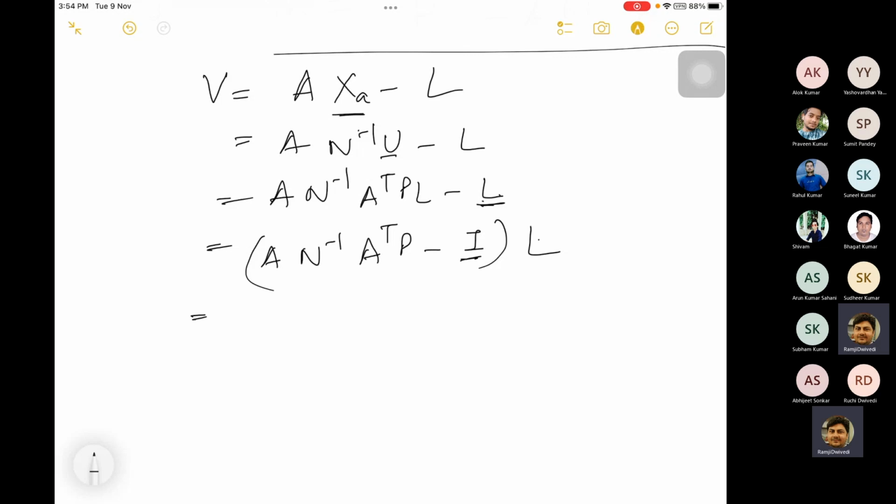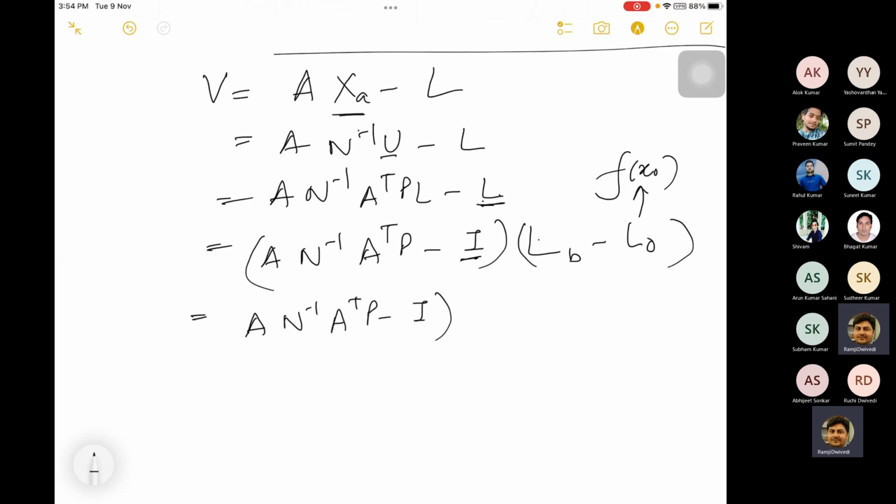Now this L is written as LB minus L naught or F of X naught. So now A N inverse A transpose P minus I multiplied by LB, minus this whole thing, let's say alpha, multiplied with L naught. This is constant.